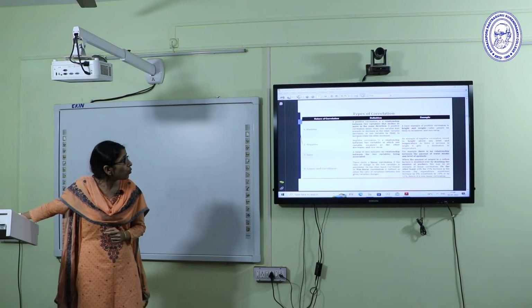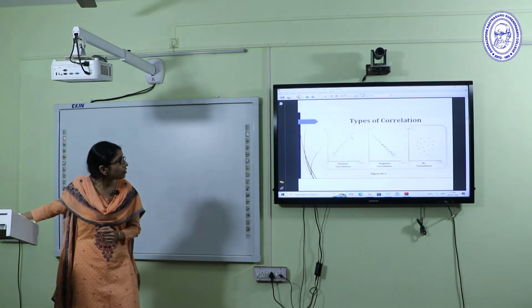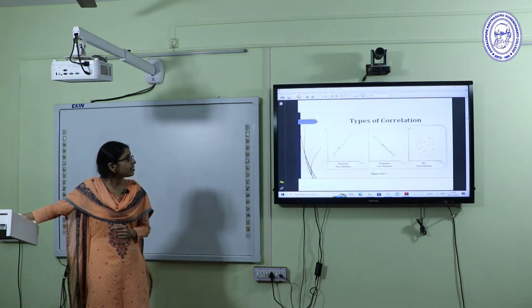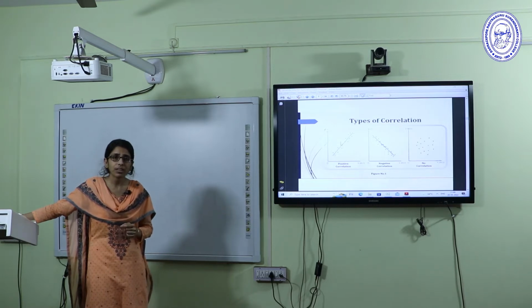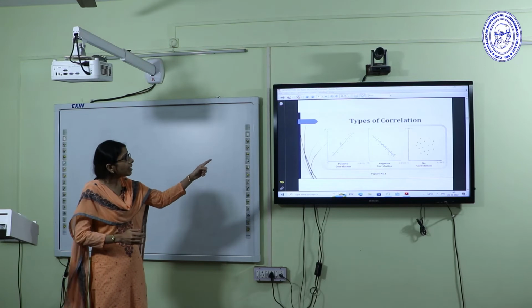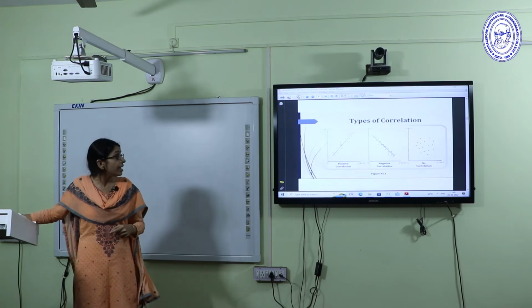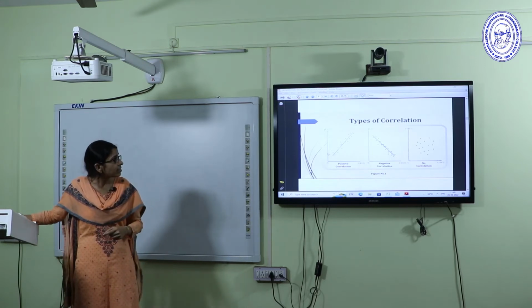We can go through its diagram also. You can see this is the hypothetical diagram of a positive correlation. This is the y-axis and this is the x-axis.